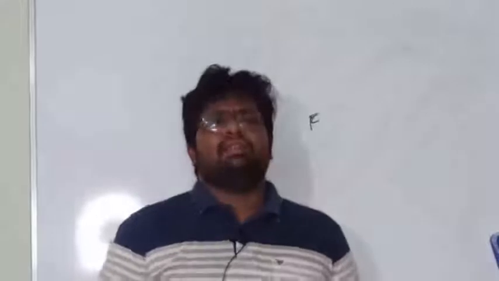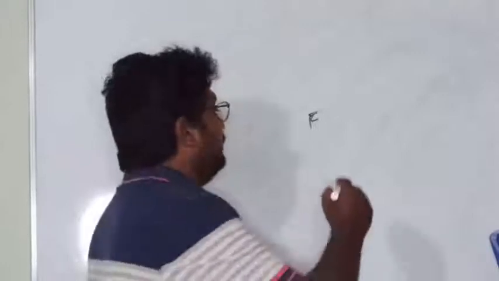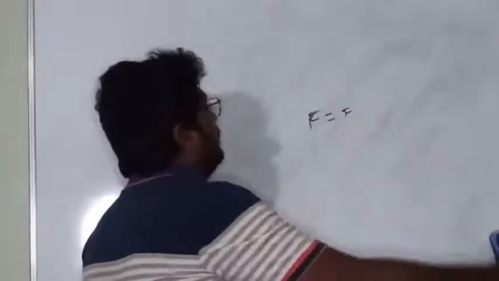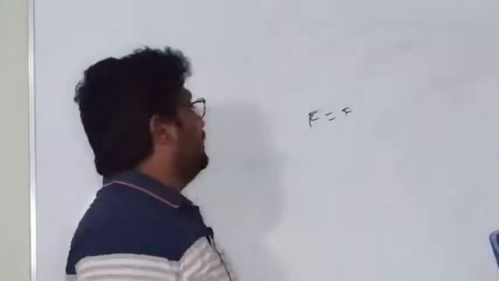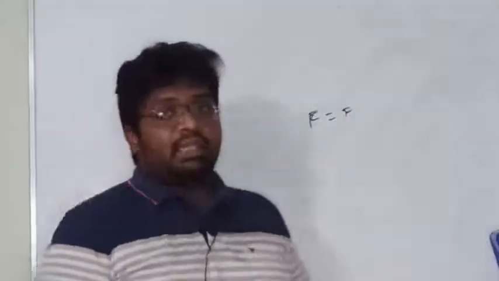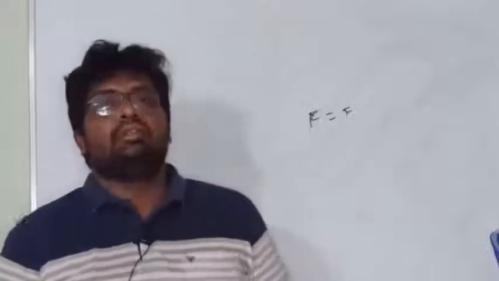The final step in this product of sums K-map reduction is that we will be using De Morgan's theorem to get the normal equation which is in the form of product of sums, right? So now let us see a few examples of how to minimize the product of sums using the K-map, right?